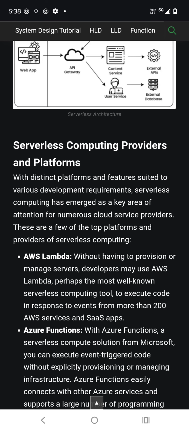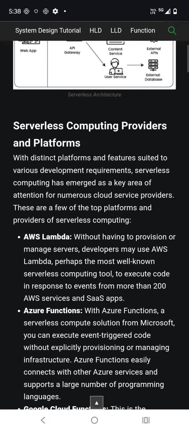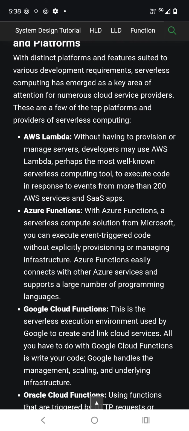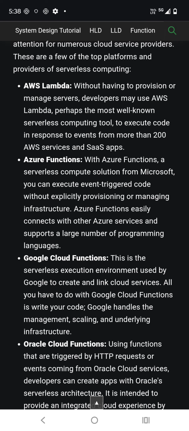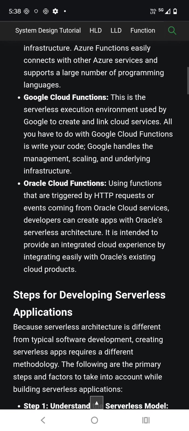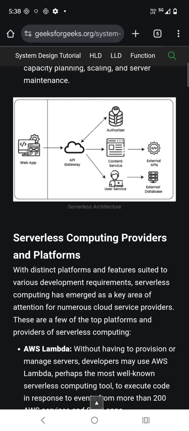In serverless architecture, we just write the code, a simple function. If you take AWS Lambda, we write a simple function. We don't bother about where we are deploying or what the servers are. We simply write the function and it gets deployed by the cloud provider itself. So this is called the serverless approach.